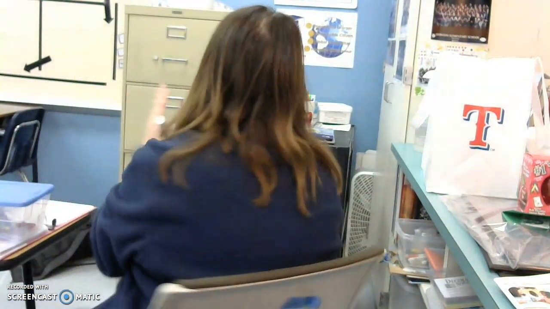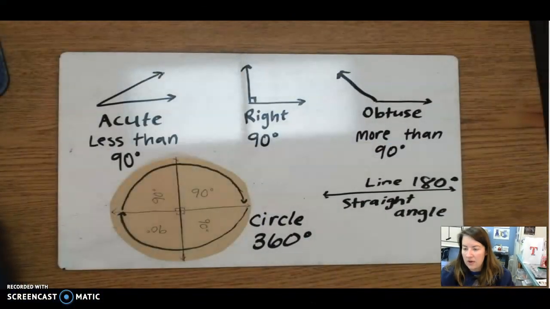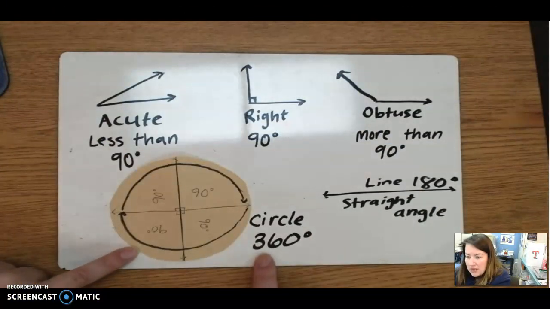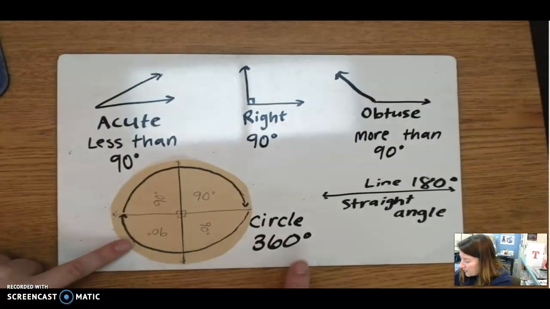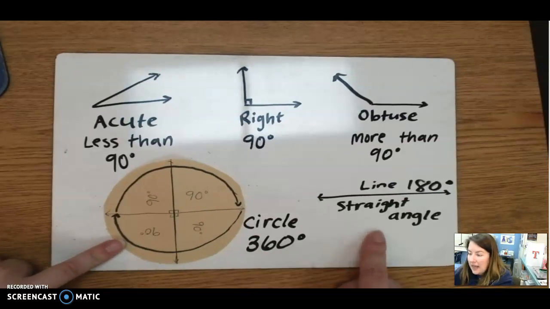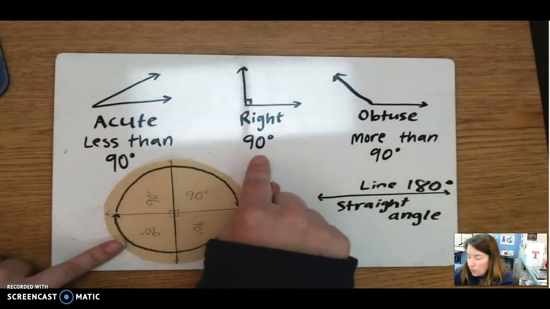If I go from here straight to the back, like this, that's just 180 degrees because I've gone from one direction, just flipped to the other. But all the way around is always 360 degrees. So a circle always has 360 degrees, a line always has 180 degrees, and a right angle always has 90 degrees.